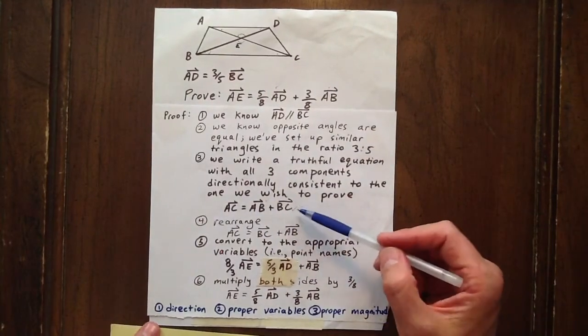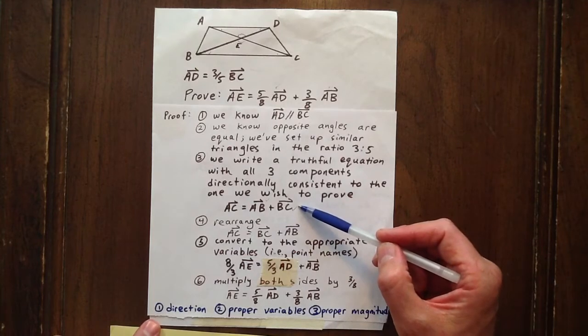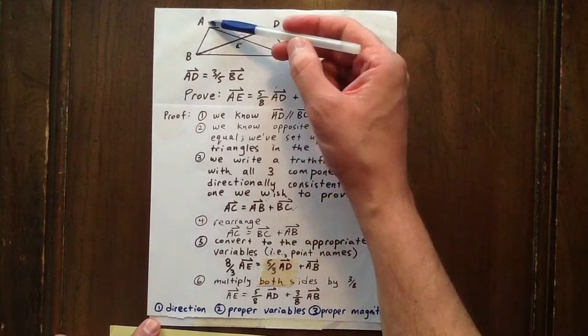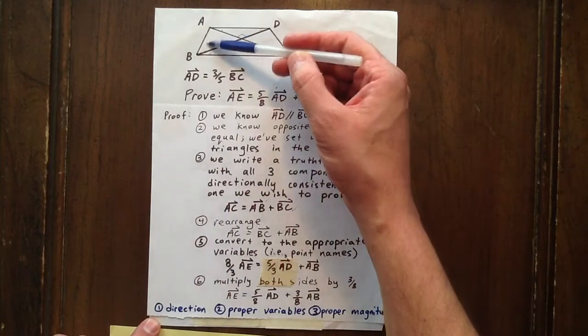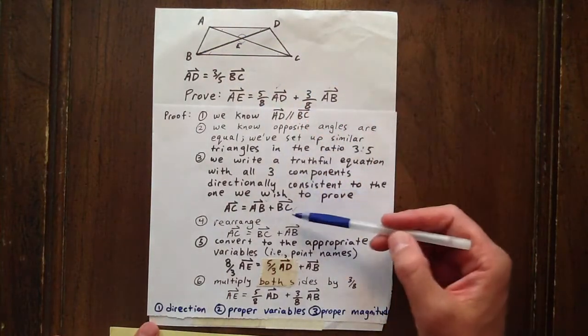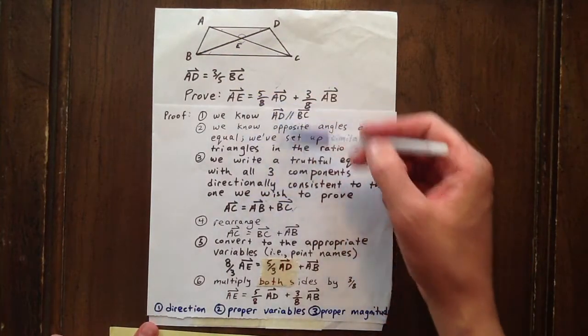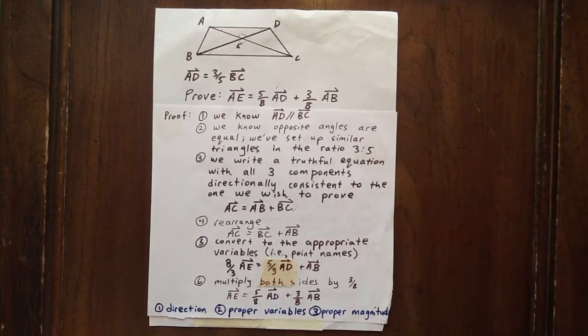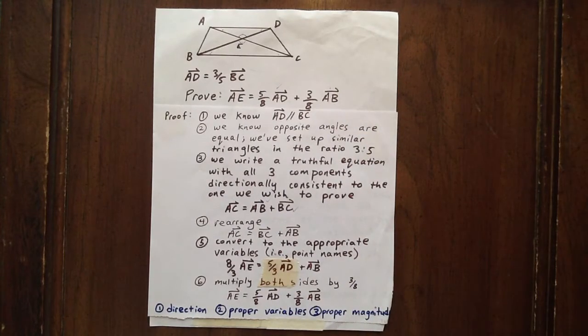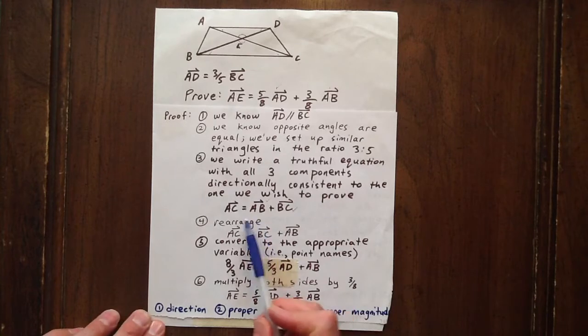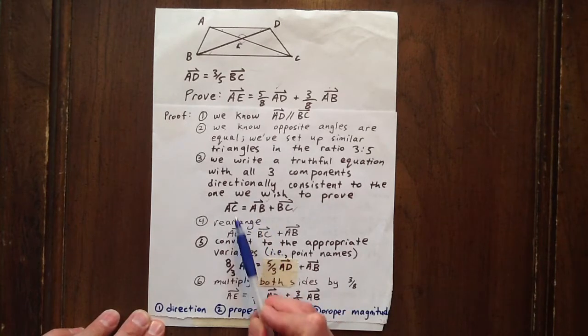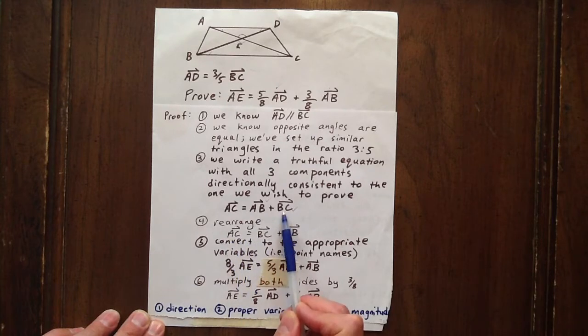So what we have is a statement in vectors which is clearly true. AC equals AB plus BC, which has all of the directional components that we want from the statement that we're trying to prove. Well, we'll simply rearrange AC equals AB plus BC to say AC equals BC plus AB.